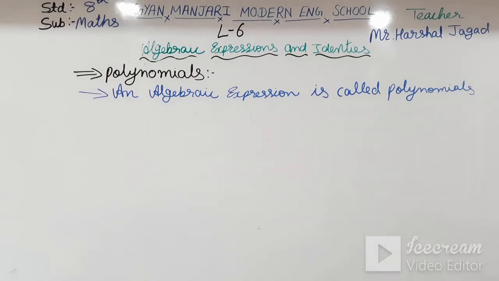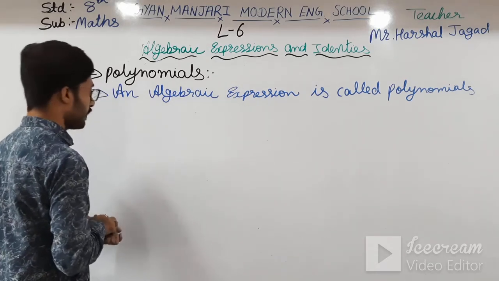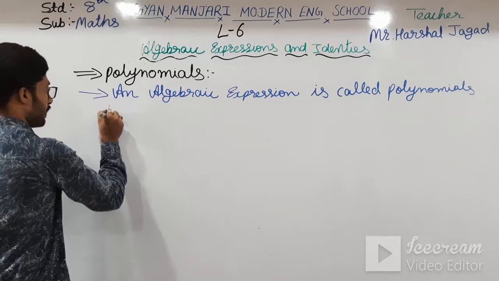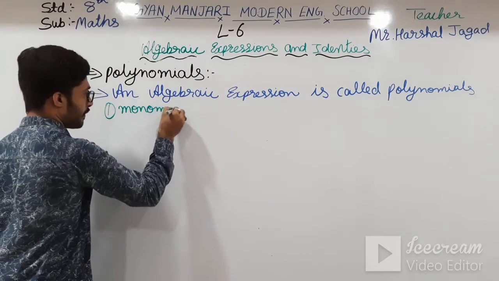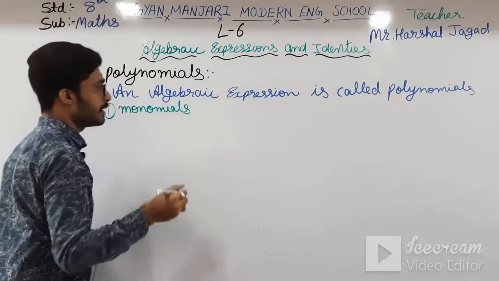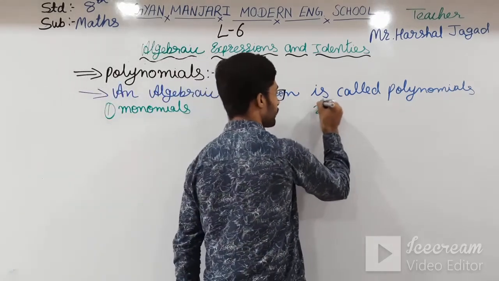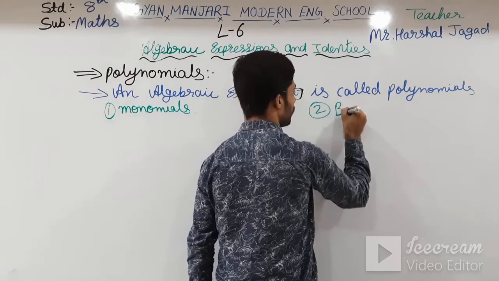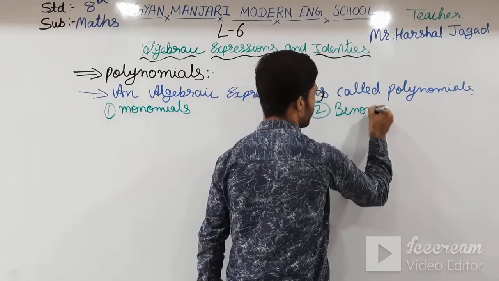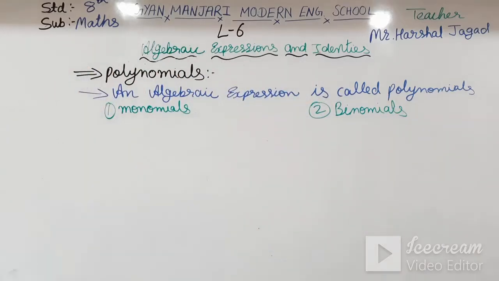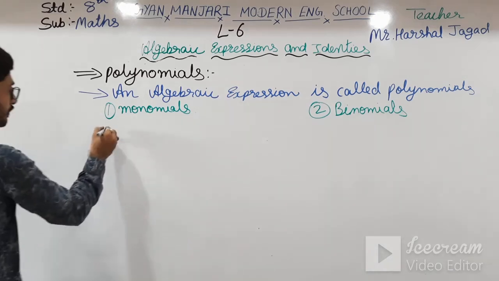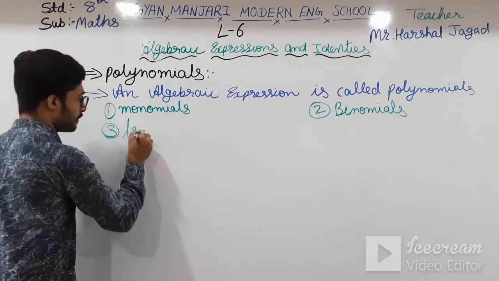If we take monomial, the first one is monomial, second binomial, and third trinomial.